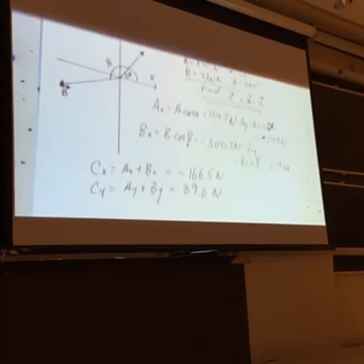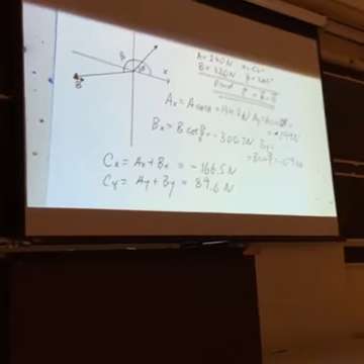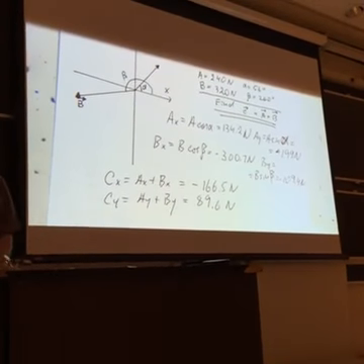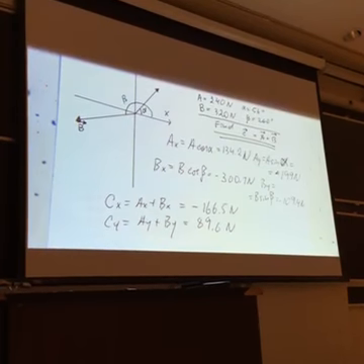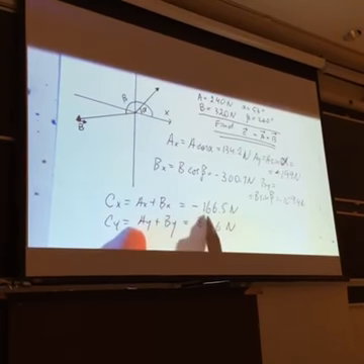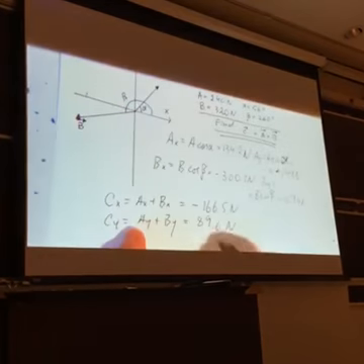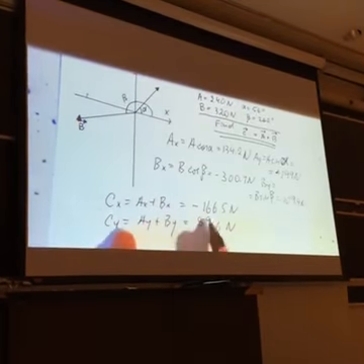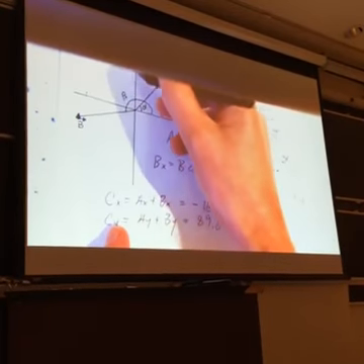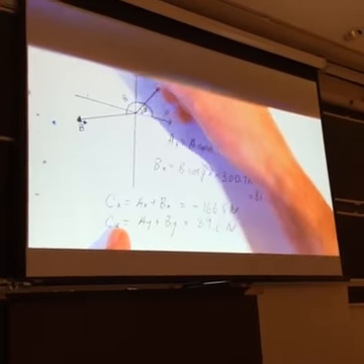You should know where this vector is. That's useful for providing the correct answer for the angle of that vector. For this vector, X is negative, Y is positive, so this vector would be somewhere here.